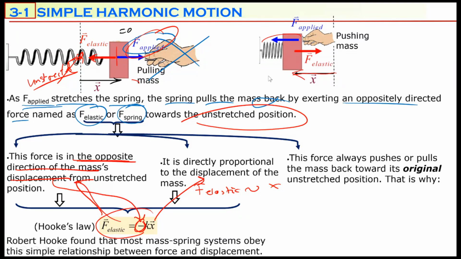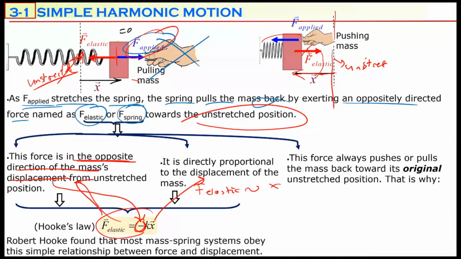So these two vectors will always be opposite in direction, again towards the equilibrium position. This is the unstretched position. The direction of the spring force will always be towards the unstretched position.